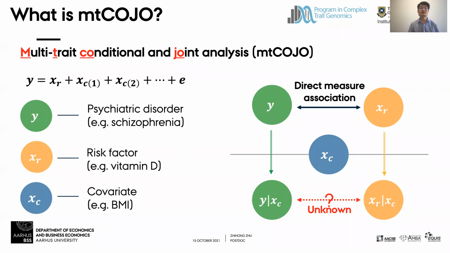If we had individual level data, we could account for confounding factors through their inclusion as covariates. MT-Kojo is a method that allows us to condition on confounding factors when we only have GWAS summary statistics. The conditional GWAS allow us to investigate causal relationships free from the bias of confounding factors.